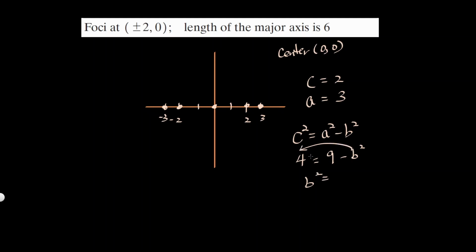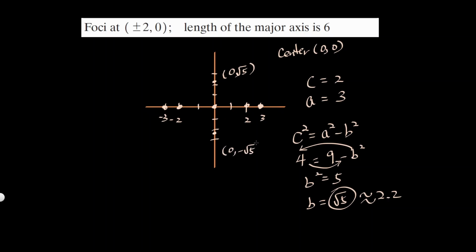Now B squared, move it over, subtract 4, we're going to have 5. So B is going to be equal to plus or minus radical 5. Radical 5 is about 2.2-ish. That means we're going to go up about 2.2, somewhere here, down about 2.2, somewhere here. So that has 0 comma radical 5 on top, and this is 0 comma negative square root of 5.